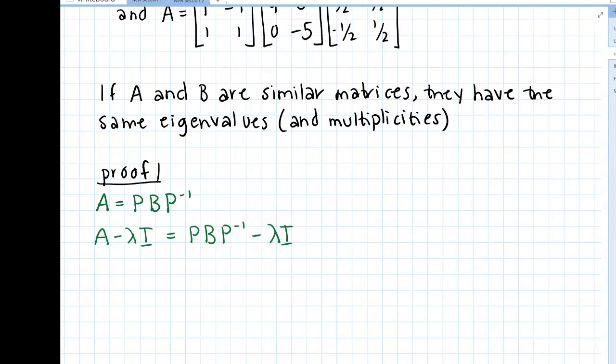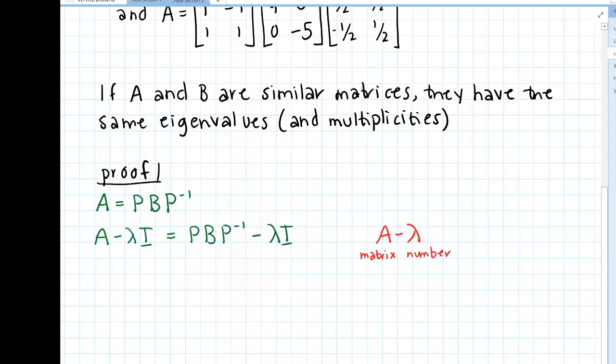So important to remember, by the way, let me just quickly write one thing that doesn't make sense. It would not make sense for me to ever write something like this, A minus lambda. That's kind of meaningless, right? A is a matrix, and lambda is a number.